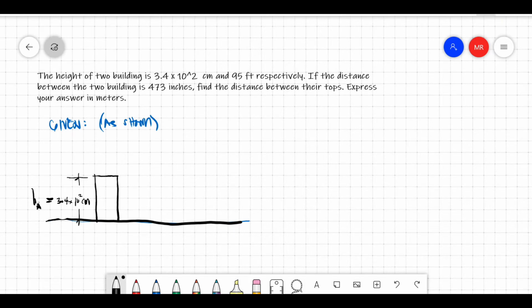Let's say this is building B, so this is building A, this is building B. The height of building B is 95 feet, and the distance between the buildings is 473 inches.